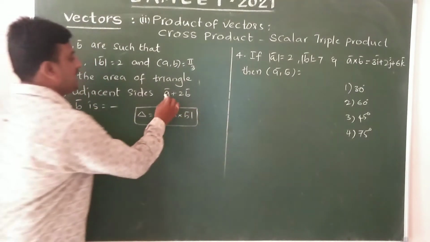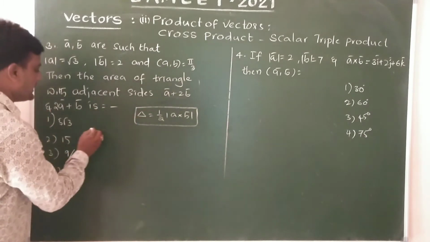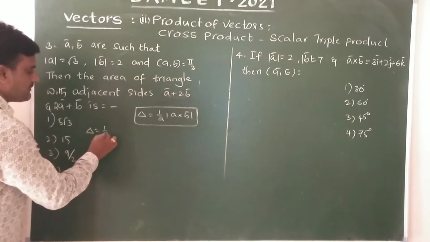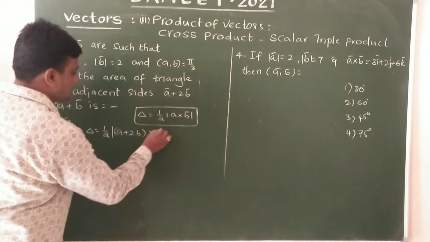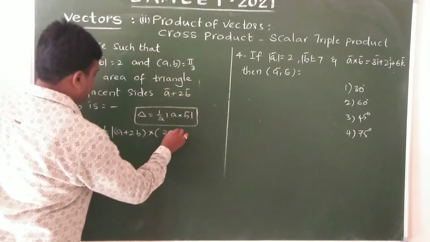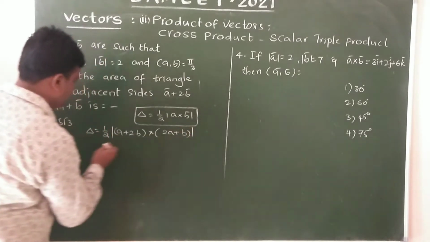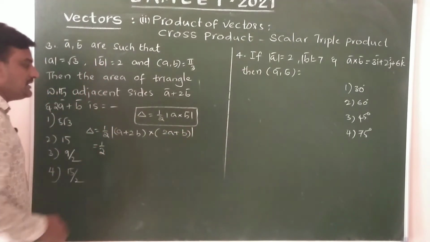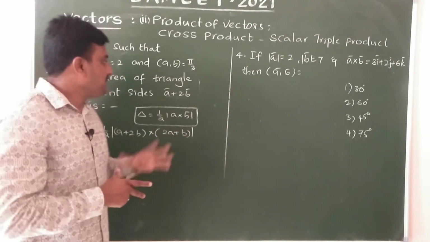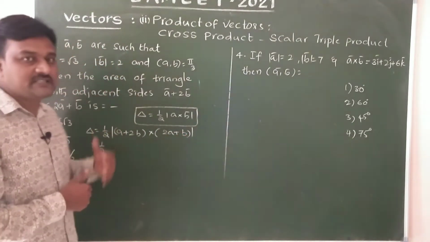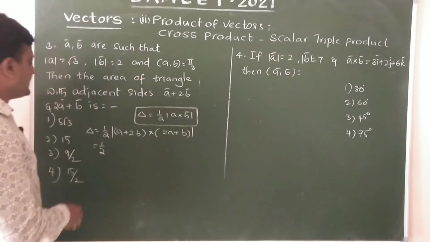But what about A and B? Substitute here. Then delta equals half into (A + 2B) × (2A + B). After simplification, actually we have to find A + 2B and 2A + B separately, but their vectors are not given, so that's why we can take it like this.